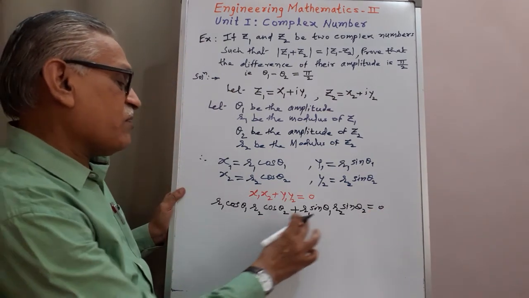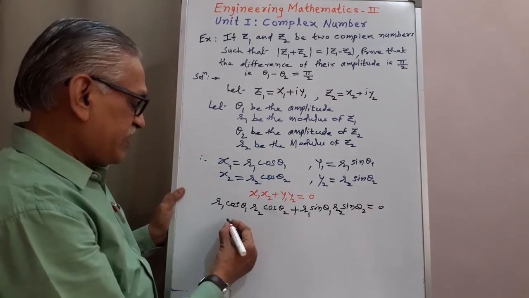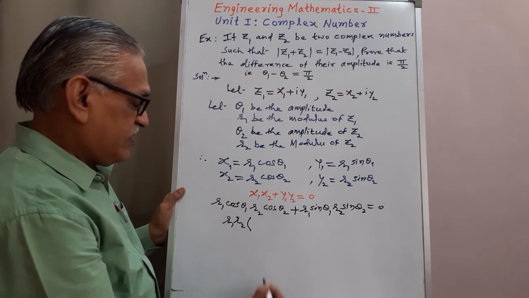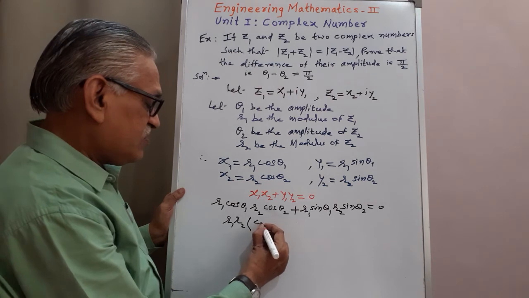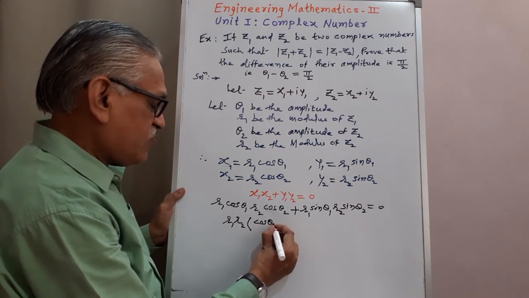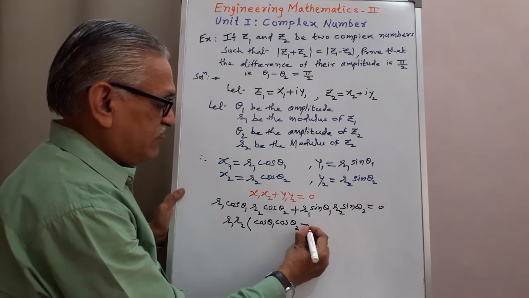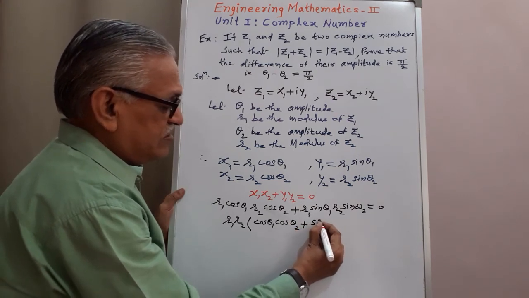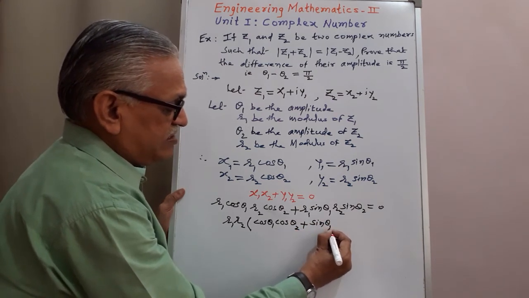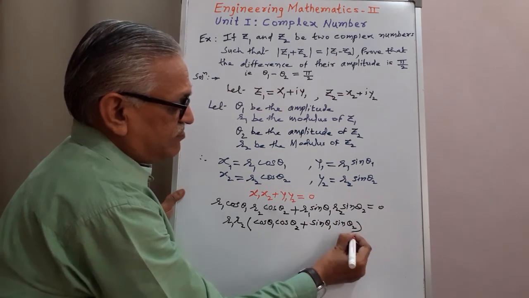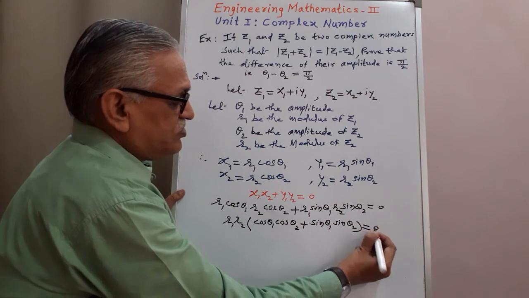Taking r1 r2 common from these two terms, we get r1 r2 in bracket. The remaining terms are cos theta 1 cos theta 2 plus sin theta 1 sin theta 2, that is equal to 0.